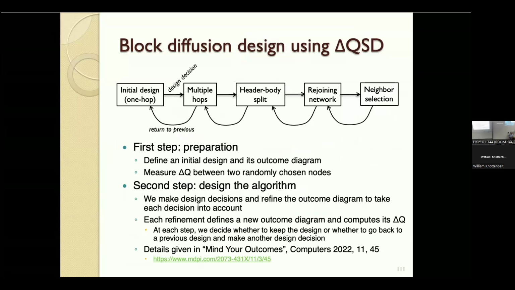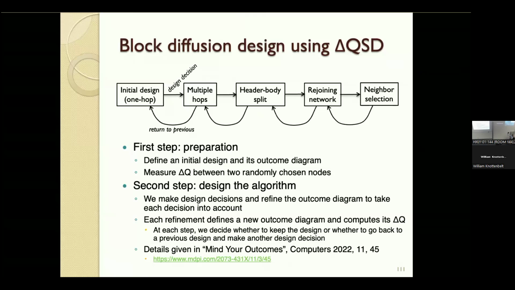We do it in two steps. In the first step, we have to know the basic delta Qs, the delays between the randomly chosen nodes. That's a preparation step, but it requires some serious measurement and computation, which I will show you. In the second step, you design the actual algorithm for how the diffusion is done.